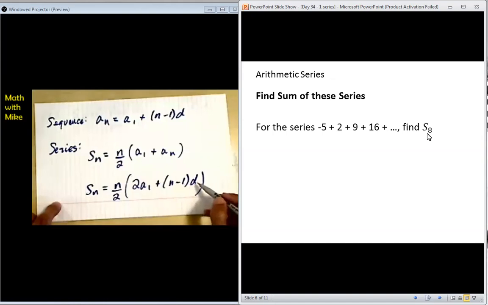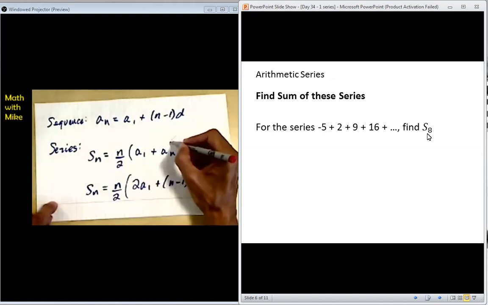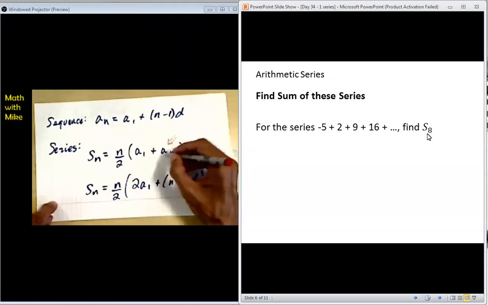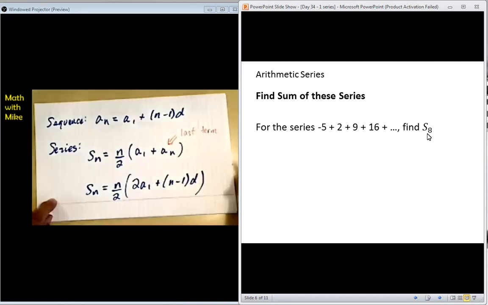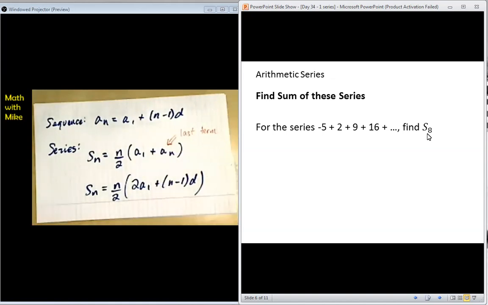So that's possible. What I want to point out, in A1, the first term, we got that. What I want to point out is that this symbol here, AN, can have different meanings. Sometimes it is the last term. Okay, and if you look at the list that we have there, we don't have a last term. It just goes dot, dot, dot.